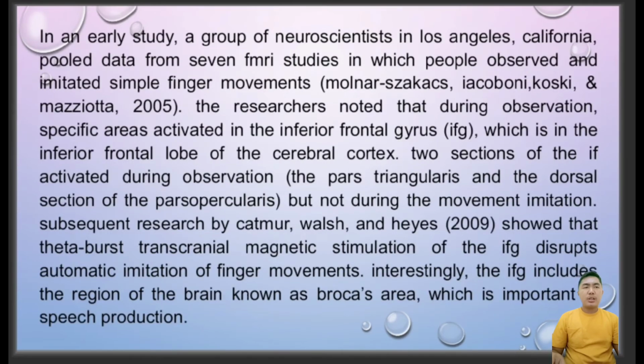In an early study, a group of neuroscientists in Los Angeles, California, pulled data from 7 fMRI studies in which people observed and imitated simple finger movements.